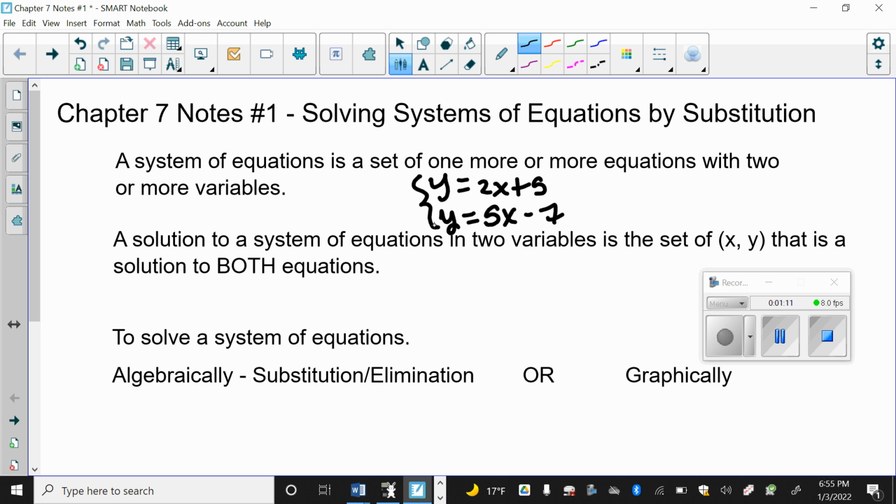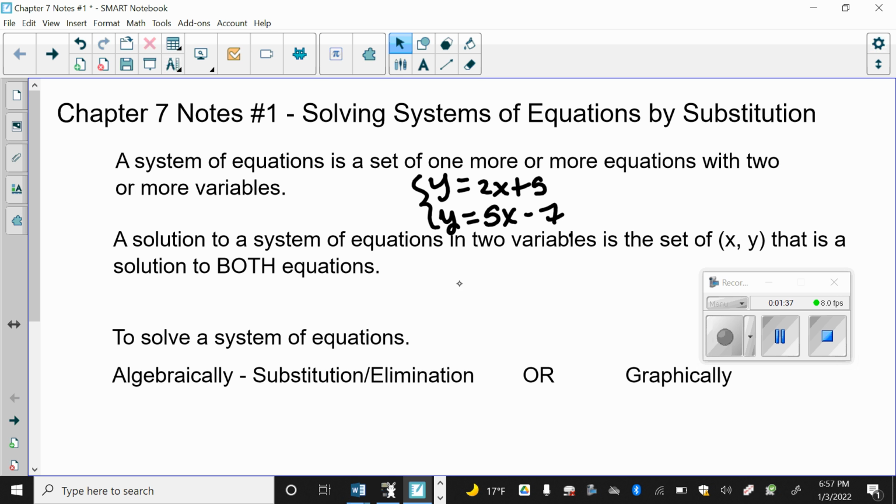A solution to a system of equations in two variables, which is what we're going to be focusing on, is the set of x, y that is a solution to both of these equations. Let's say -1, 5 were a solution to both of these equations, then we would have our answer.